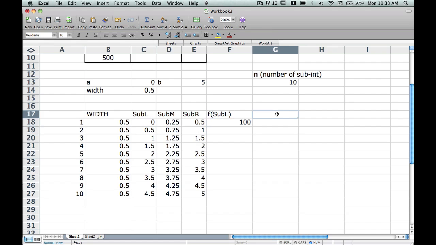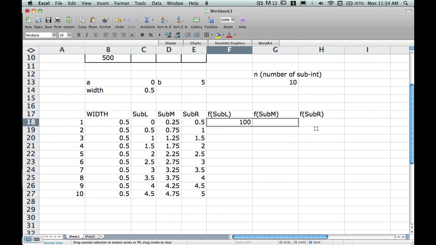Now my next column is going to be f of sub m, that's the midpoint of the subinterval, and then I'll need a column for f of sub r. And to find these numbers, I'll need the same process. I'll need 100 minus this number squared and 100 minus this number squared.